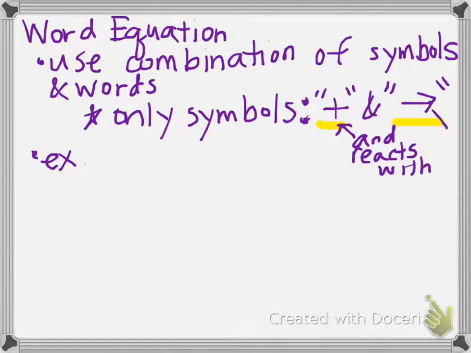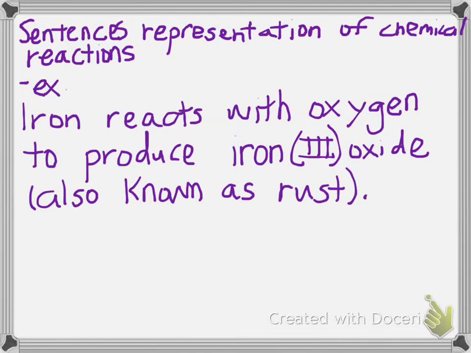Okay, the arrow, quite a few different words are sometimes used for the arrow: produce, yield, making, any of those would work, okay? So when we go back here to this word equation, reacts with is going to become a symbol. That's going to become our plus, okay? Oxygen to produce, okay, so to produce is going to become our arrow, okay?